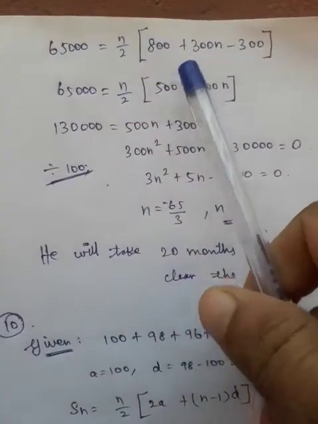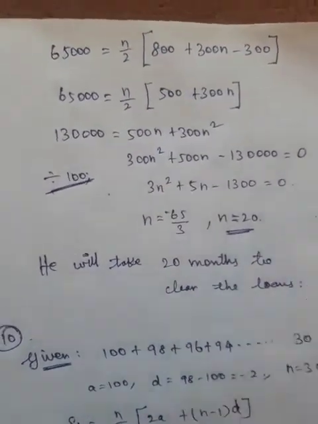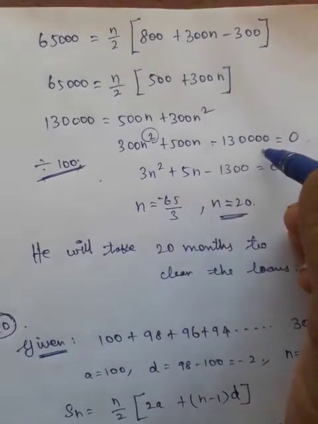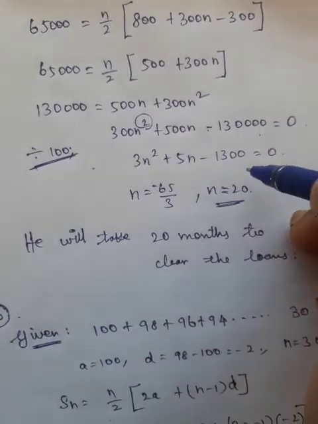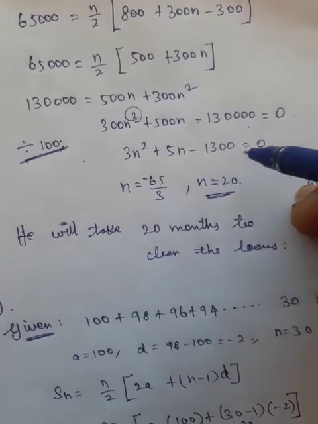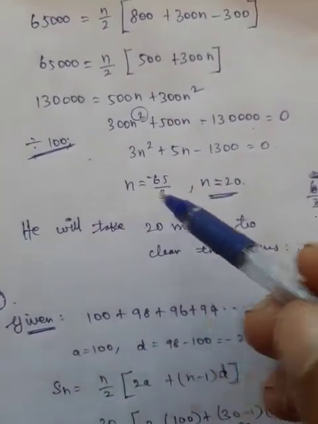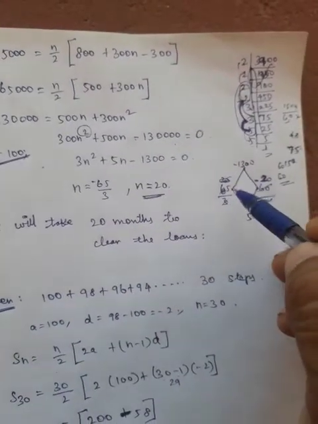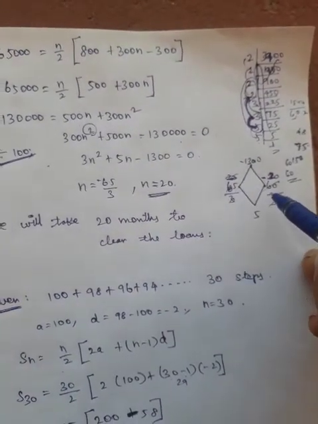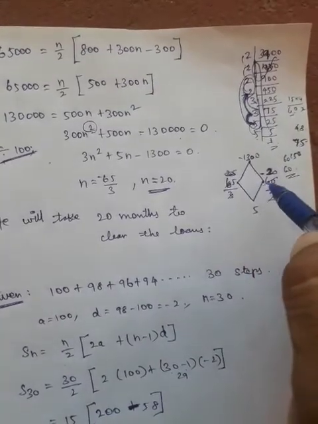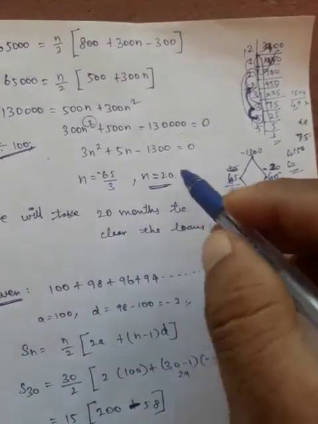If we simplify this, we form a quadratic: 3n square plus 5n minus 1300, fully divided by 100. The value is 65 into 20 only, 65 into 20, divided by 3.